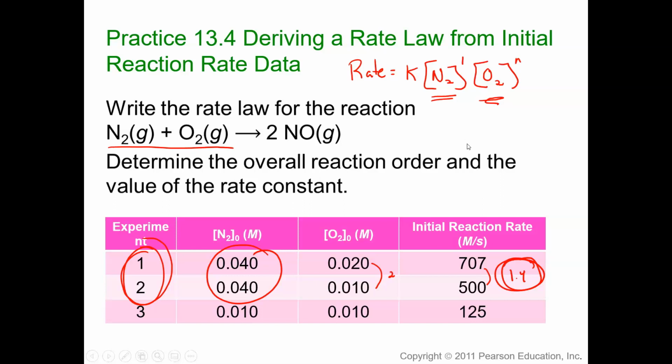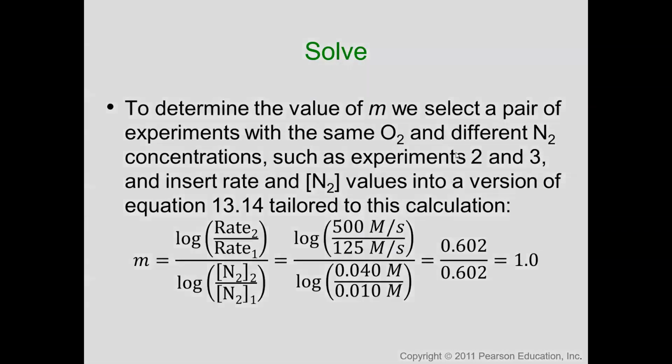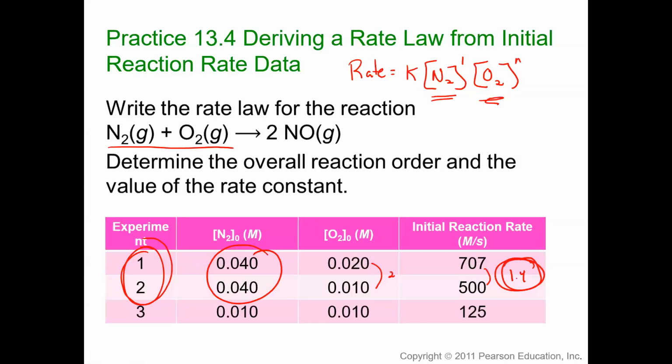So let me see if I have, no, don't really have a lot of room to do this, but I'm going to do this here. Okay, so I need to math this to figure out the order of the reaction because 1.4 is not helpful for me. So I'm going to do experiment 1 over experiment 2. And I'm going to do it rather small right here. So again, some people really just like doing the math way.